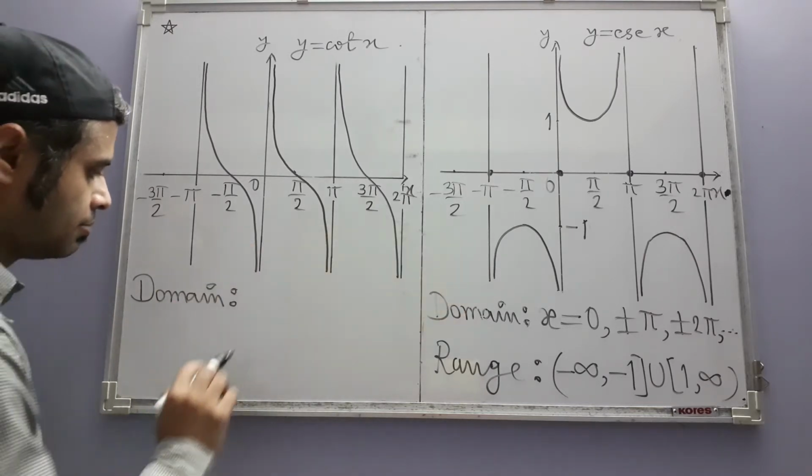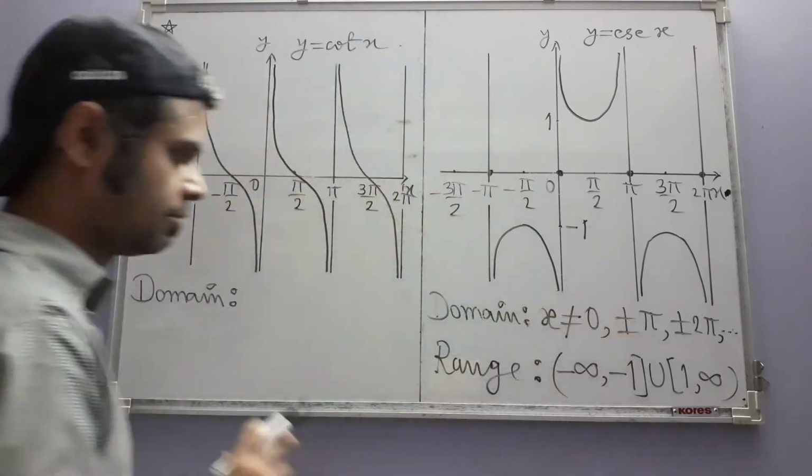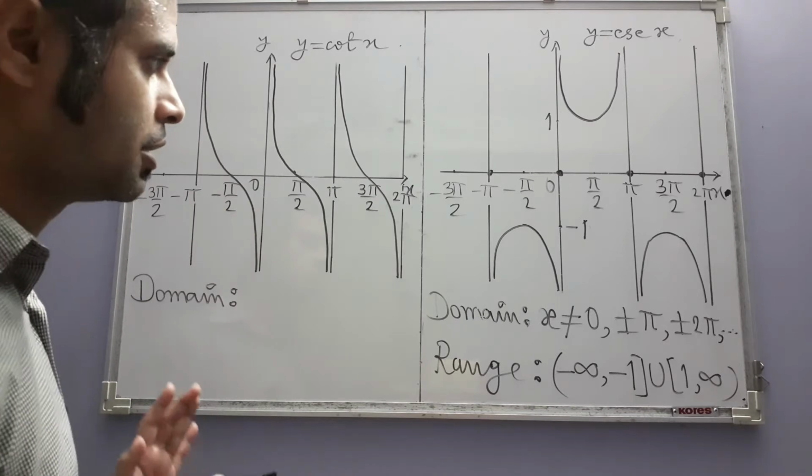Domain is the same as before: x must not be equal to these values.